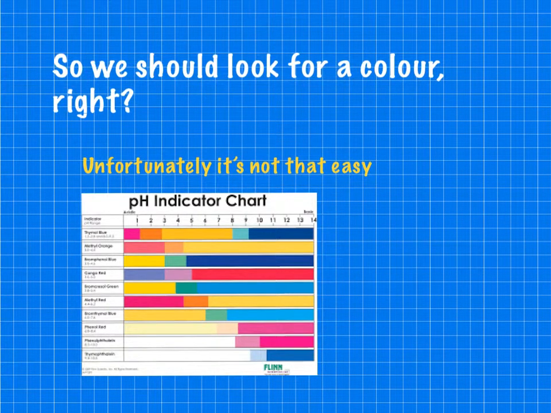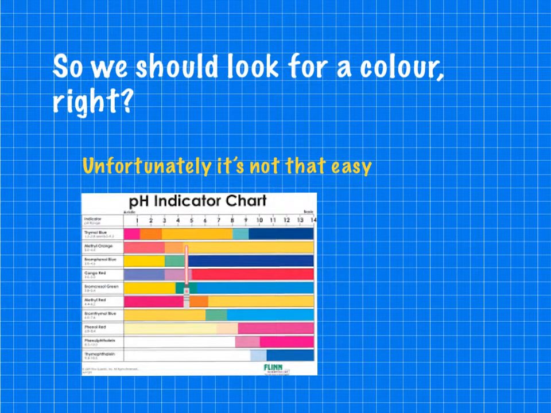If we look at something like methyl orange, which is a very common one we use in the lab, we see that it changes colour at pH between 3 and 4. So anywhere in that, it can change into an orange. It goes from red in low pH, in other words acids, to pH 3 to 4, which is still acid.